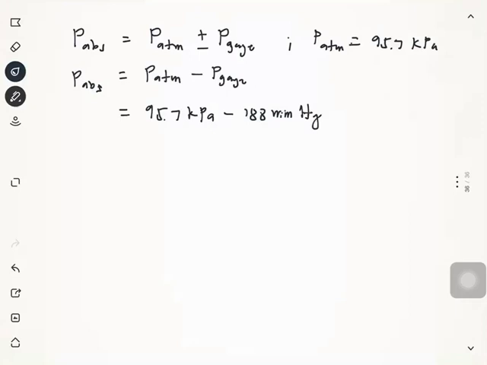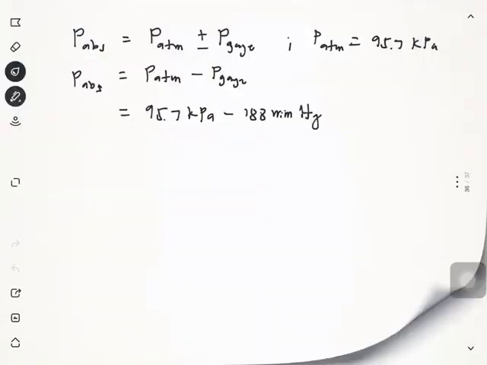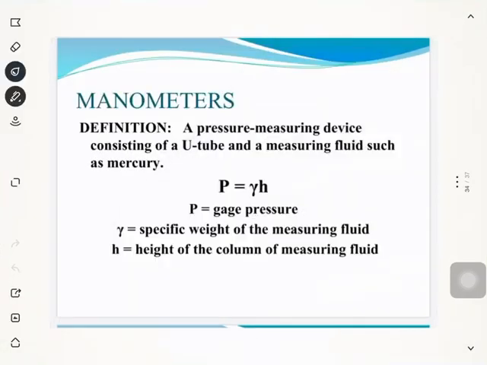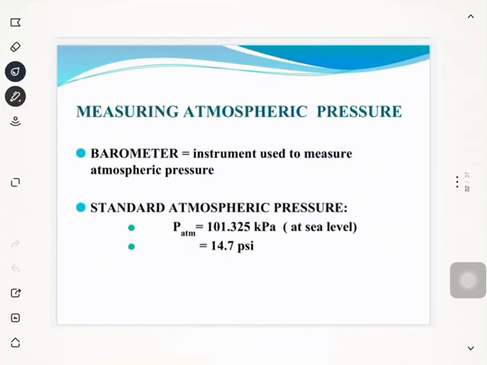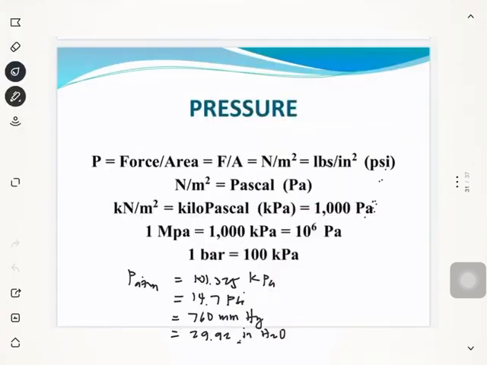So now our problem, what is the absolute pressure? We have the atmospheric pressure, that is 95.7 kilopascal, minus 188 millimeters of mercury.